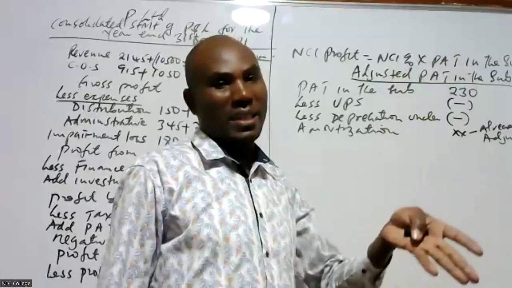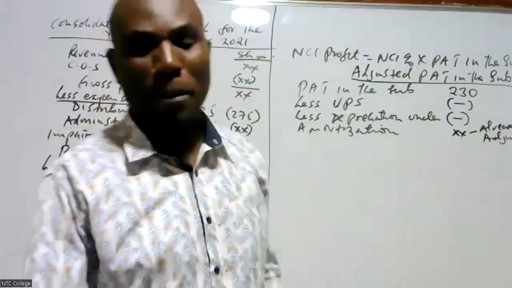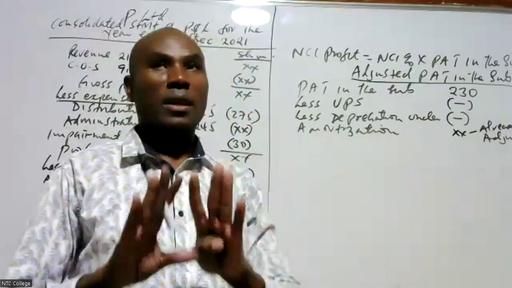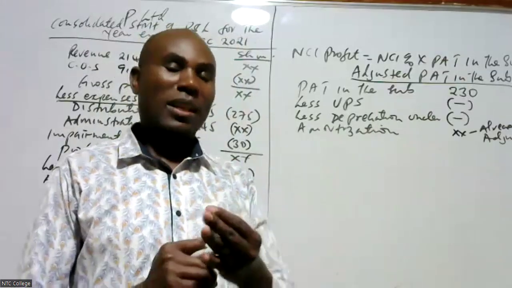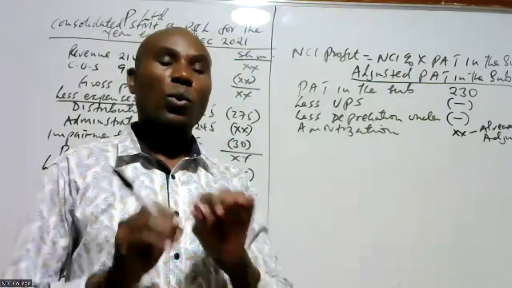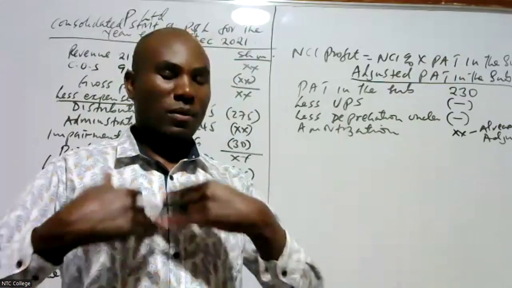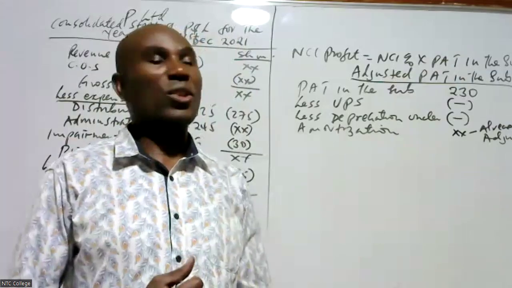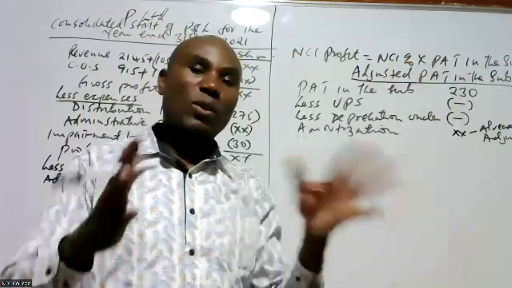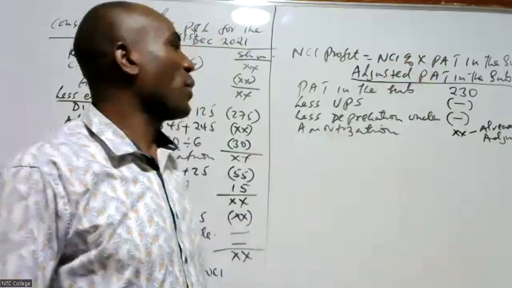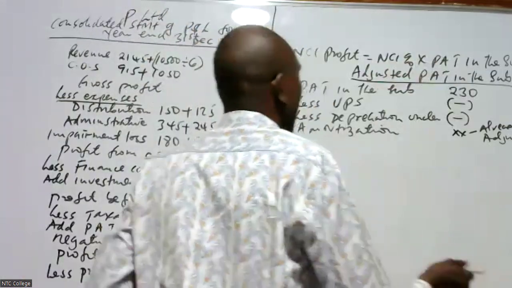Let me repeat. When we were translating the income statement, on administrative, we already added that amortization. Therefore, we don't account for it again.